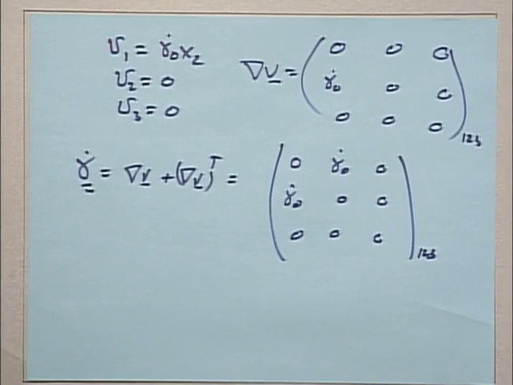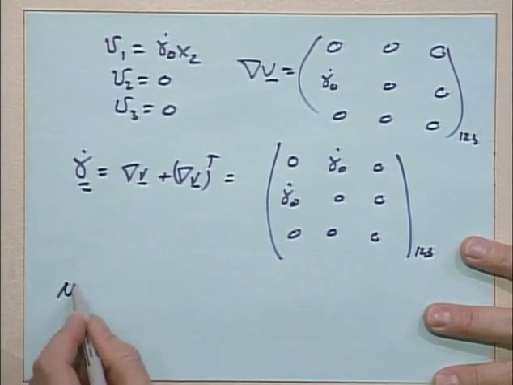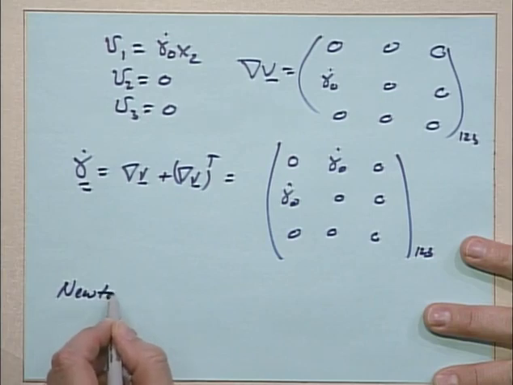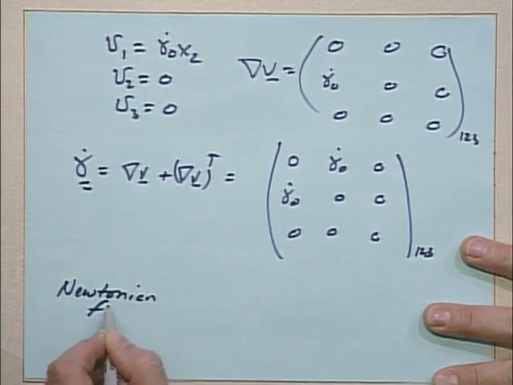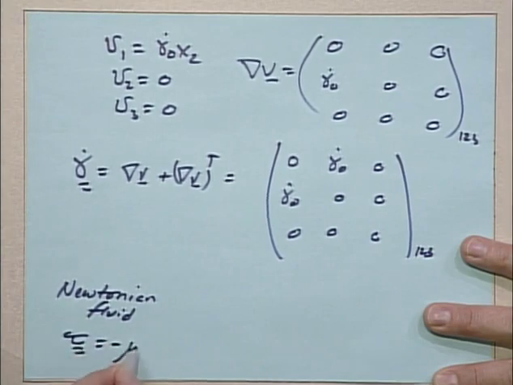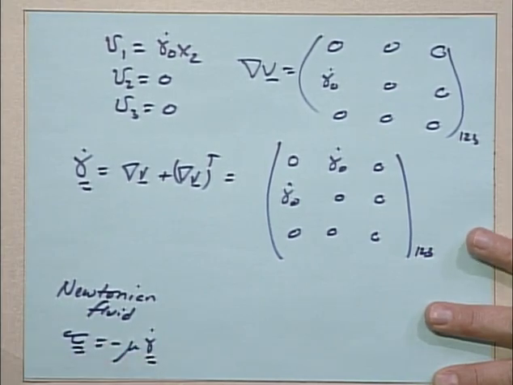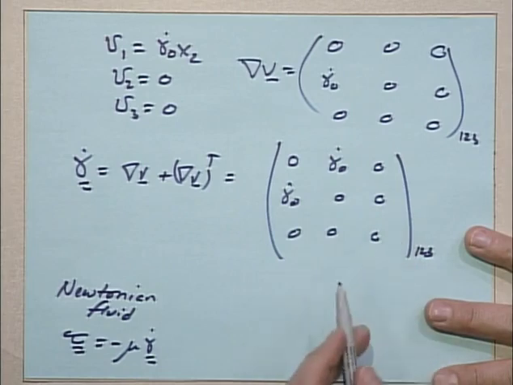We're going to use this tensor a lot. This is the shear, rate of deformation tensor for steady shear flow. So for instance, for a Newtonian fluid, we're going to do this today maybe. For a Newtonian fluid, the stress is equal to minus mu gamma dot the tensor. So we've now calculated that.